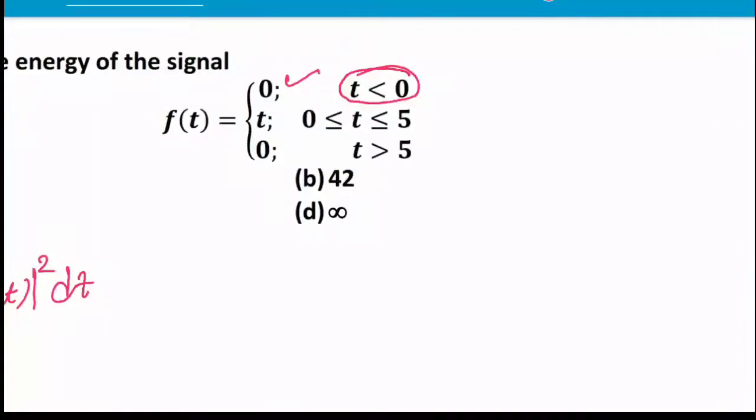From 0 to 5 the value is t, and 0 for t greater than 5. So the plot is like this one, 0 and here t and here 0 again. This is 5, this is f(t), and this is t.